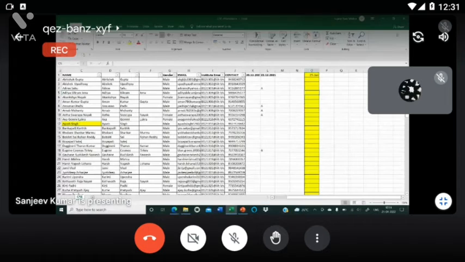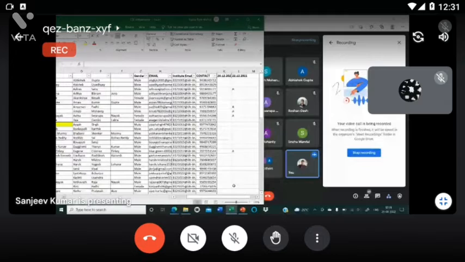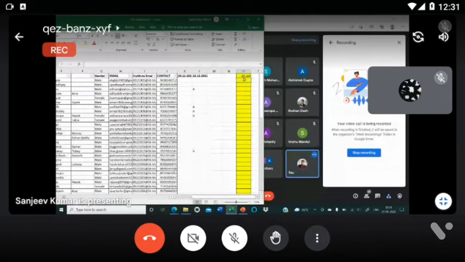Okay, respond with your ID numbers. Then we'll go for the clamper circuit. First, let me see how many are attending.